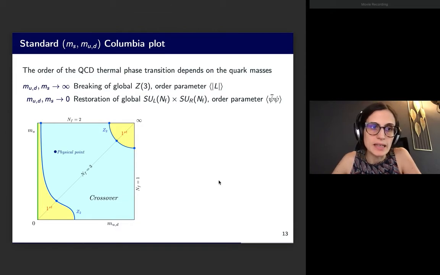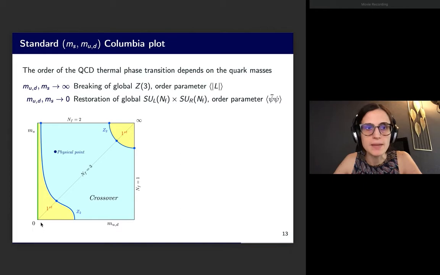Okay, so in the infinite mass limit, this is where we recover the pure Yang-Mills theory, and we know, we have just discussed, that there is a breaking of the global Z3 symmetry, and we have identified the order parameter for that purpose. And in the opposite limit along this diagonal where all masses are sent to zero, this is what we basically have just discussed.